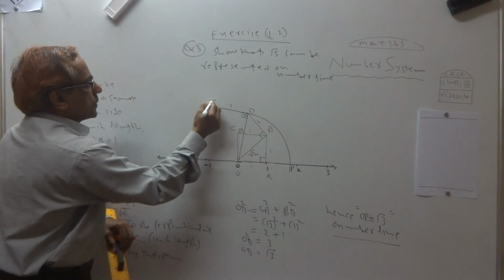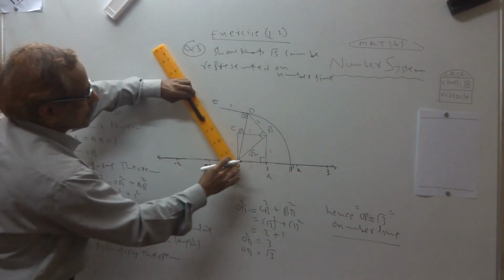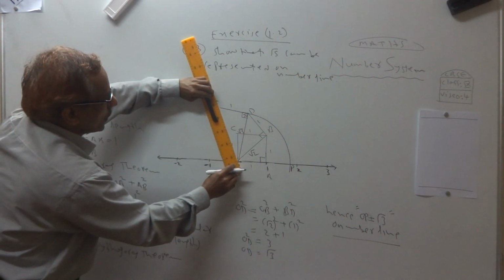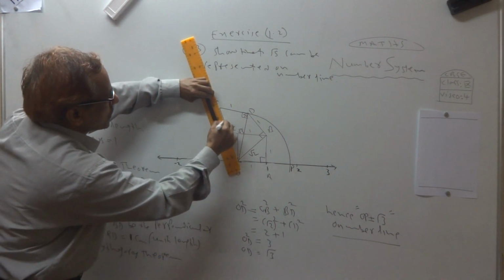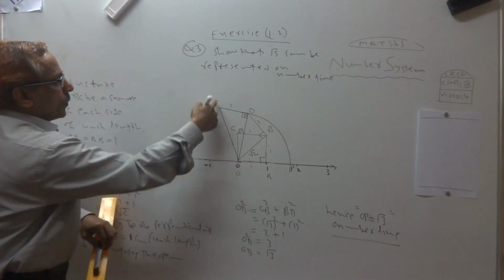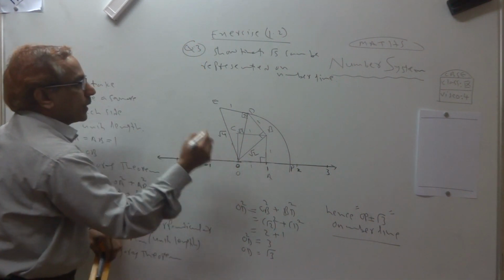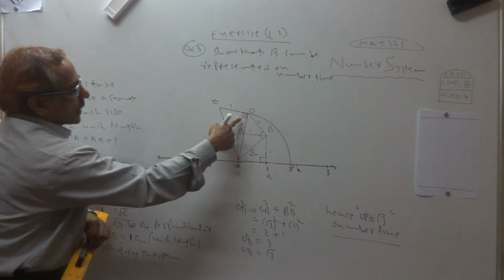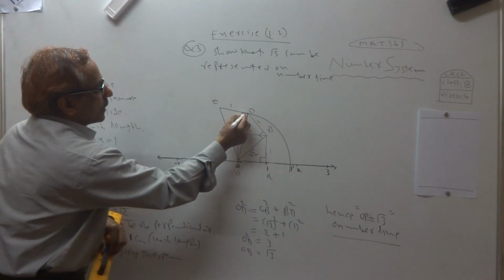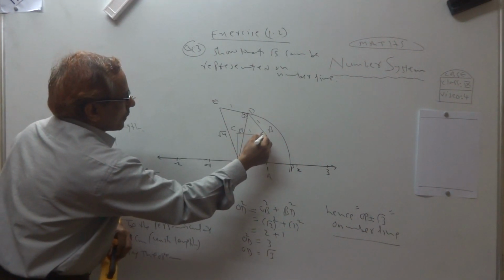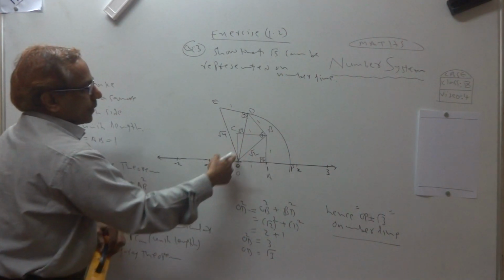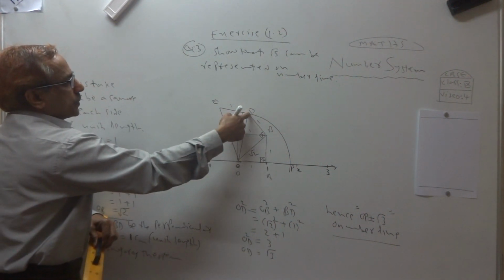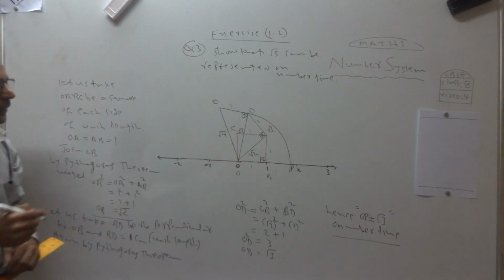This is 1. So this is E. Similarly, if I join OE, you get root 4 by Pythagoras theorem. This angle I have taken 90. Here 90. This length should be taken 1.